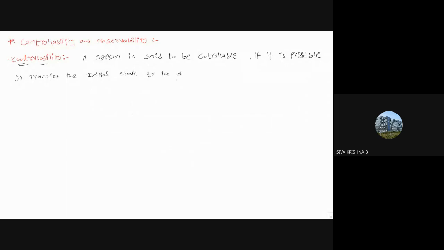Desired is nothing but our required one. Desired state in a finite time interval by the control input.